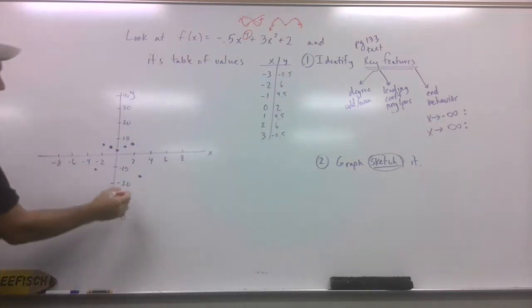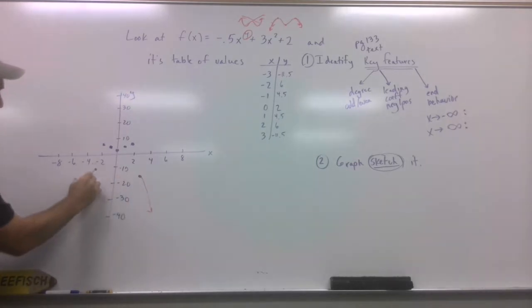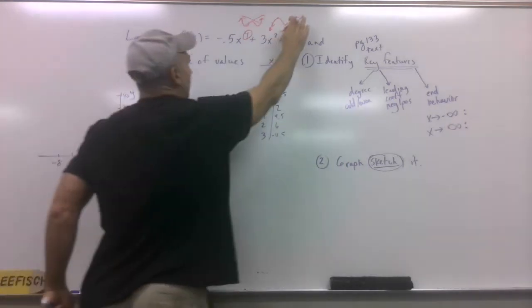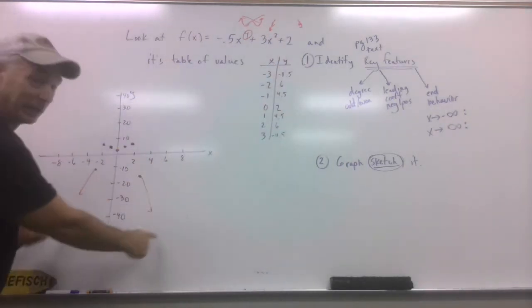So I'm going to start with the outsides right here. I know this is going down. I know that's going down. So that's just taking care of this portion of it.